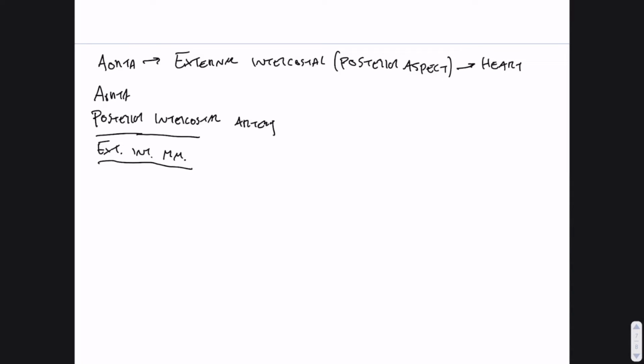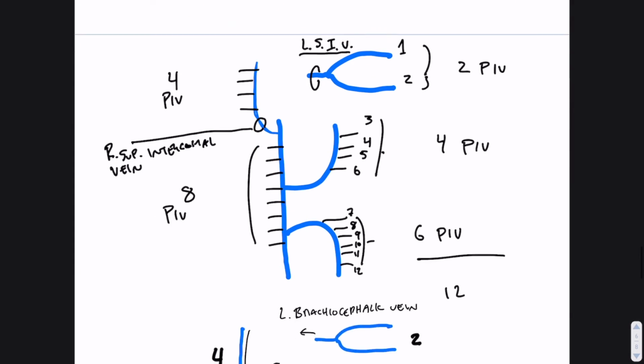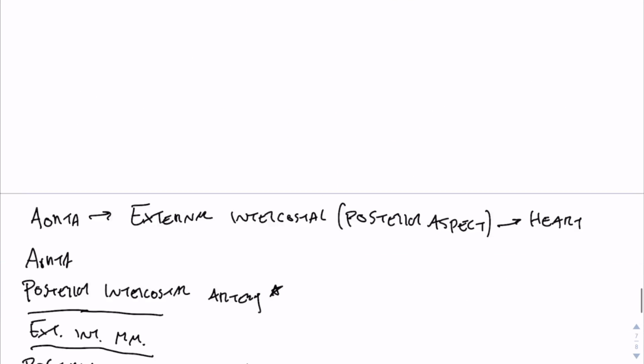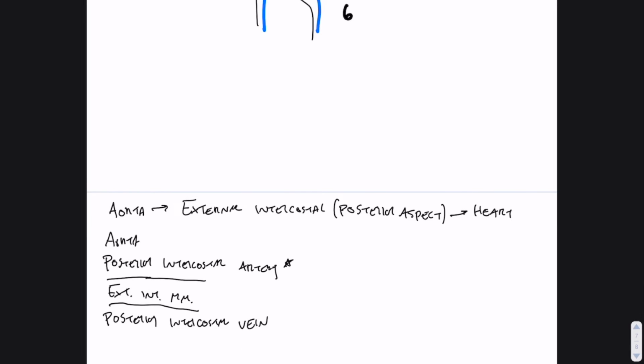Okay, now that we supplied it with blood, we're going to drain it. So you just ask yourself, well, I supplied it with the posterior intercostal artery, I'm going to drain it with a posterior intercostal vein. And again, those are the veins that we just labeled all here, those little lines coming off. I didn't specify a side, so we're going to do the left 6th external intercostal.